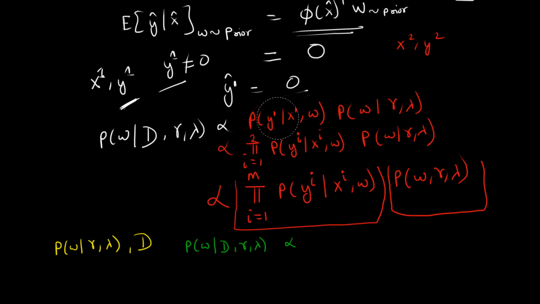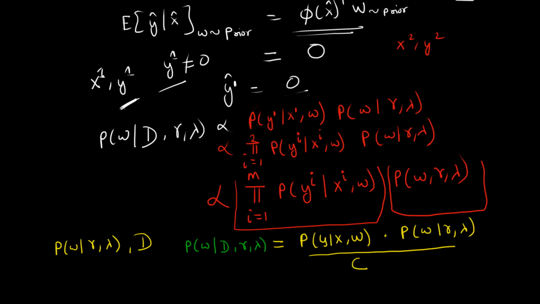Here we write equal for the sake of simplicity, or we can write it using the equal sign with some constant. It is equal to the probability of the data, the likelihood, Y given X comma W, times the prior P of W given gamma comma lambda, divided by some constant.